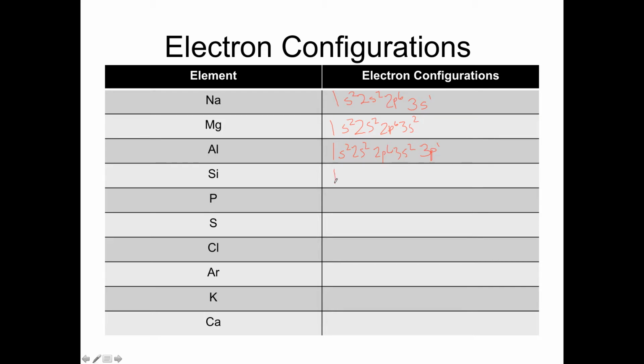Let's try the next one. 1s2, 2s2, 2p6, 3s2, 3p2. Pattern continues. We're just writing it as we go. Always start at the top. Once you fill those, you go over to the next one.